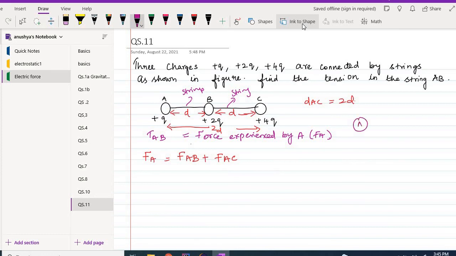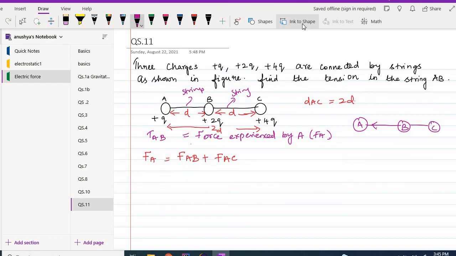That is, A will experience a force due to B. A gets repelled by B. It will be moving away from B. Similarly, C is also having a positive charge.